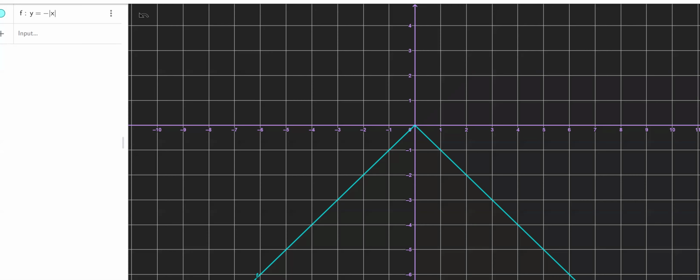Now here, domain, is it changed? Domain is still from negative infinity to positive infinity, and it is not changed for the absolute value function. Whatever you transform it, left, right, up, down, whatever happens there, the domain will not be changed. It is all real numbers from negative infinity to positive infinity. But now the range is changed.